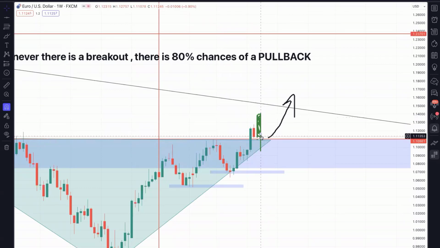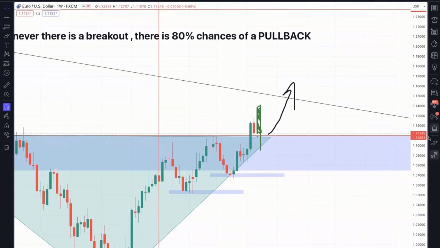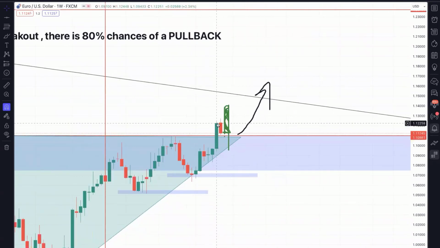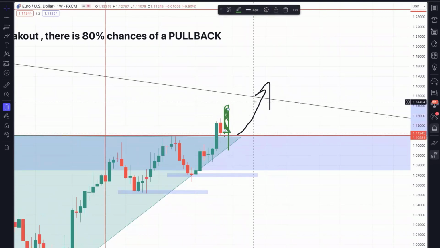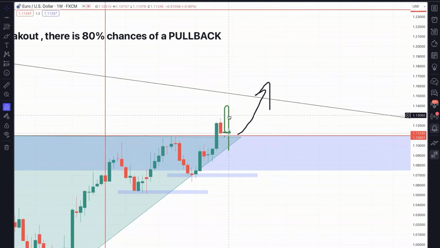But that move to the upside would not happen without a fight or a challenge from the sellers, because definitely sellers will still want to keep selling. But of course, this breakout candle has made a big statement. So let's go deeper into more clearer zones.